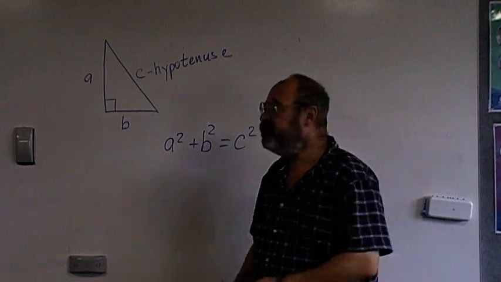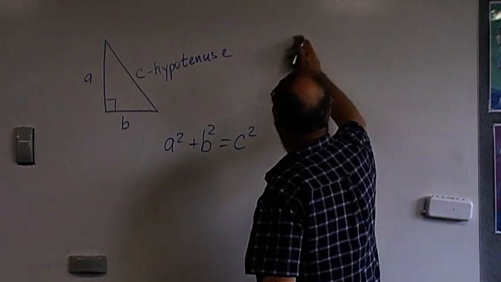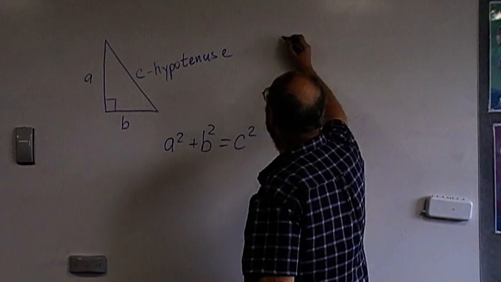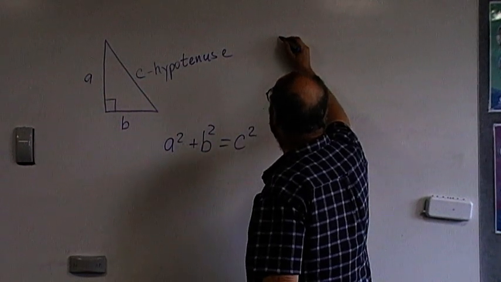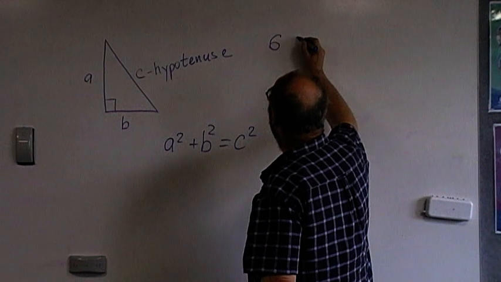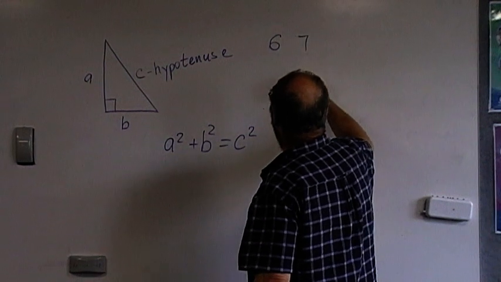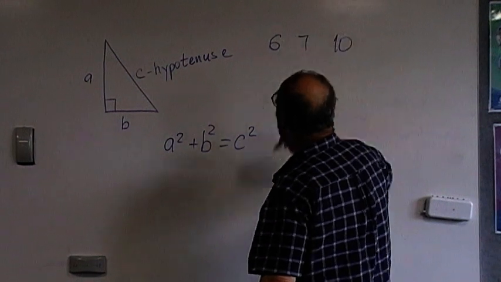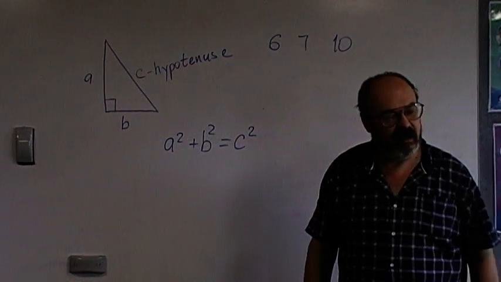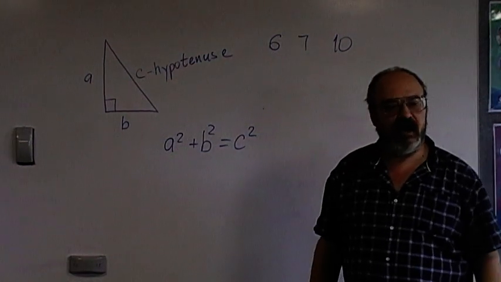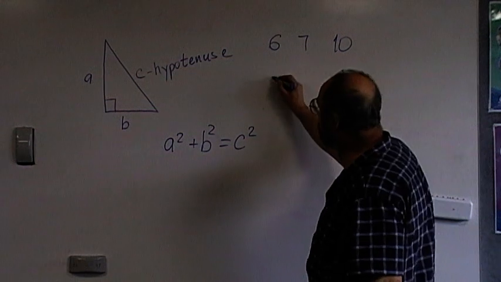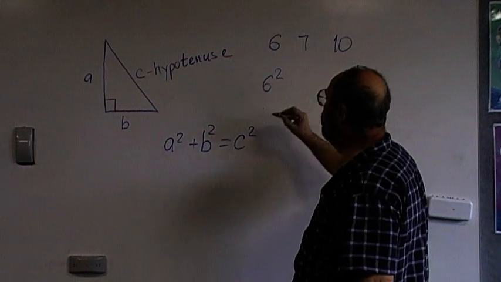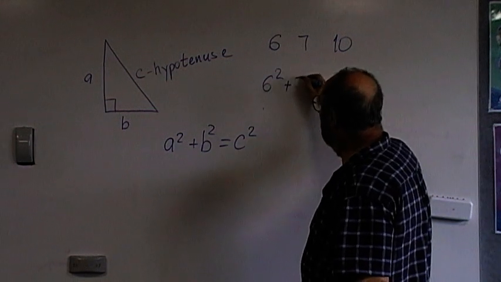For example, let's say we have a triangle with the sides 6, 7, and 10. Will it be a right angle triangle? How can we check it? We take the shortest sides, 6, we square it, plus the other shorter side.